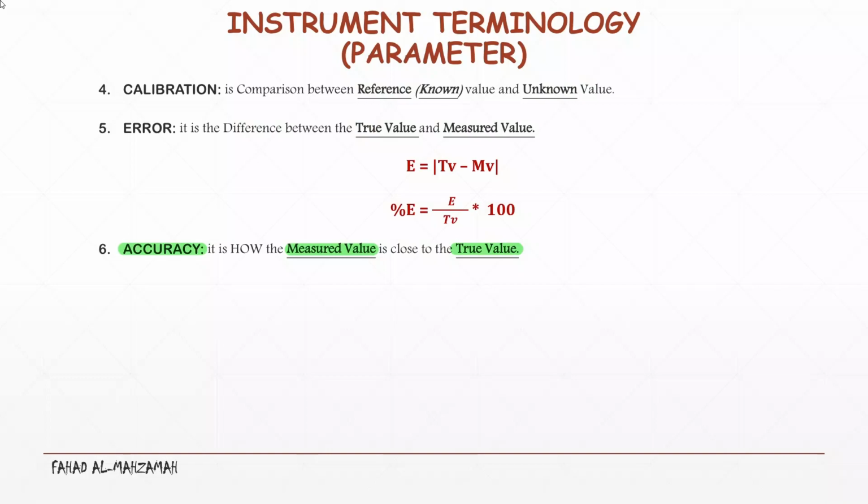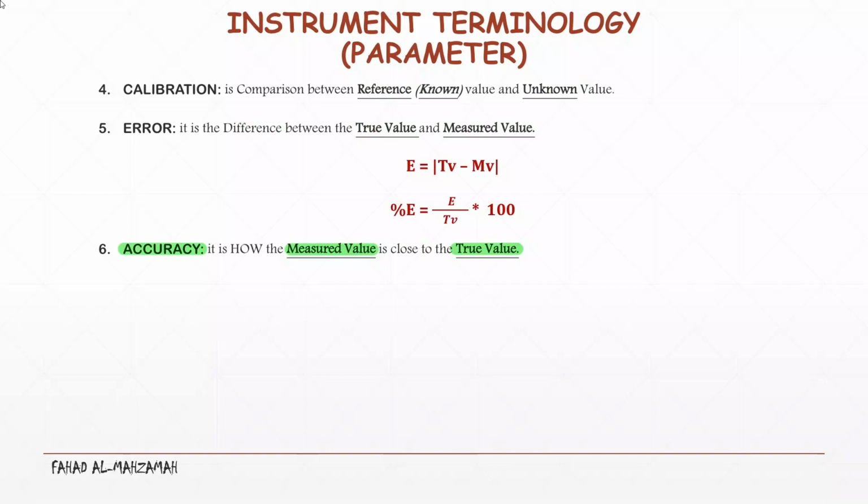So you're comparing the measured value with the correct or true value. If the measured value is far away from the true value, you will say this device is not accurate. But if the measured value is very close or the same as the true value, you will say this measurement is accurate.